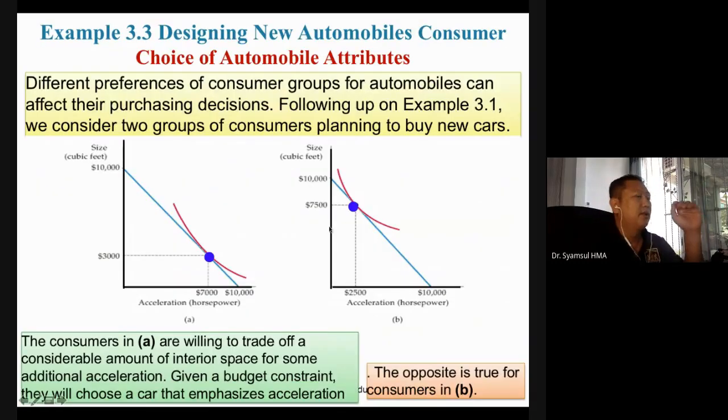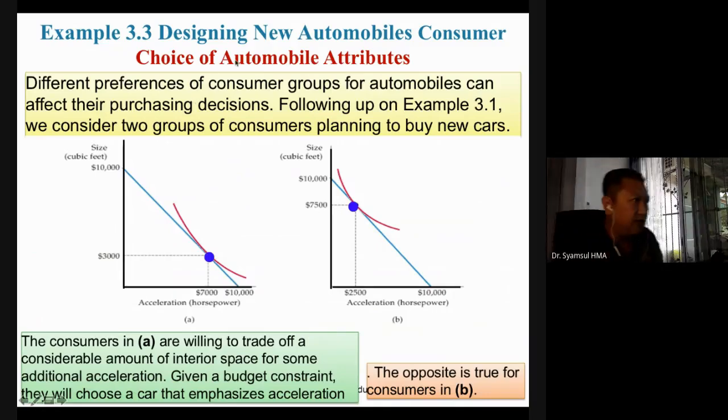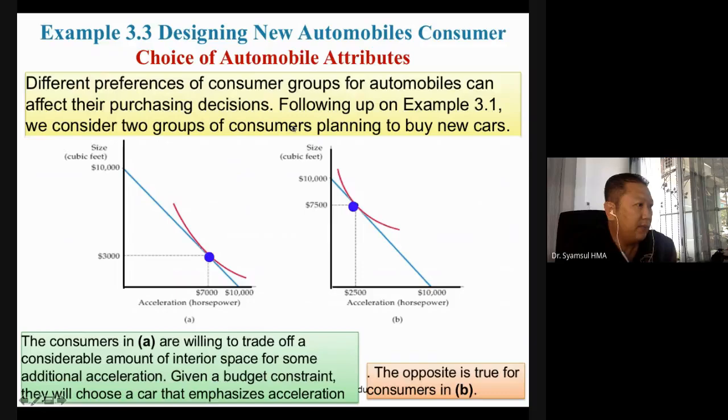Now another example: designing new automobiles. Consumer choice of automobile attributes. The different preferences of consumer groups for automobiles can affect their purchasing decisions. Example of buying new cars.